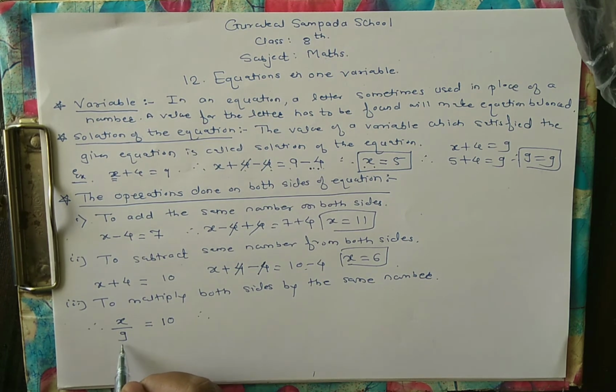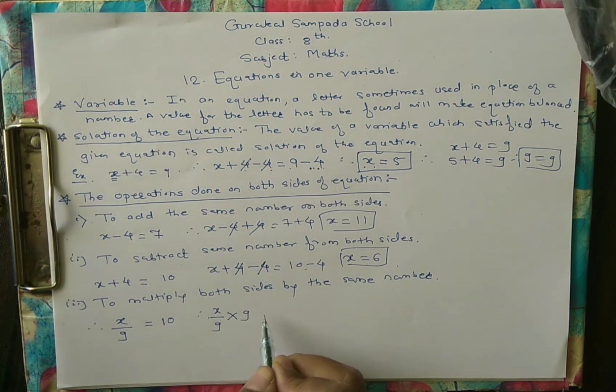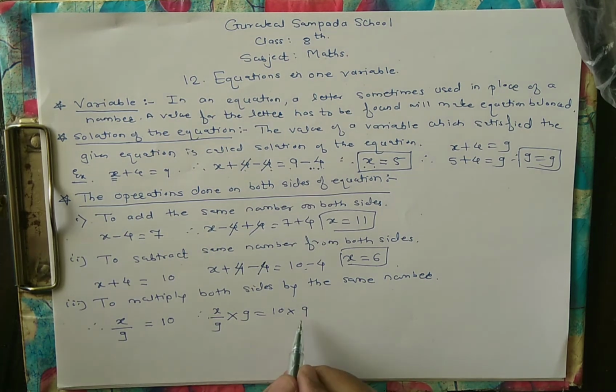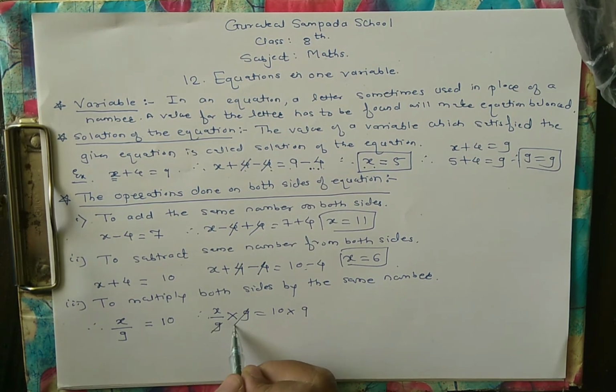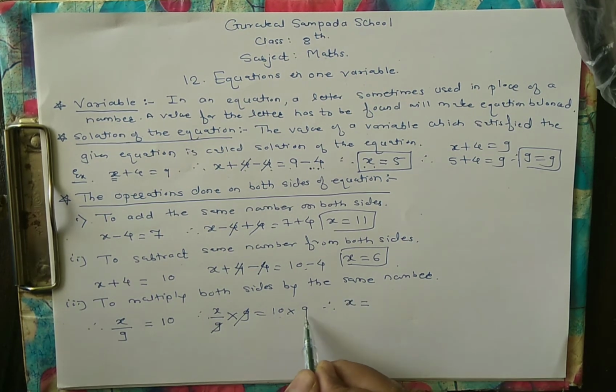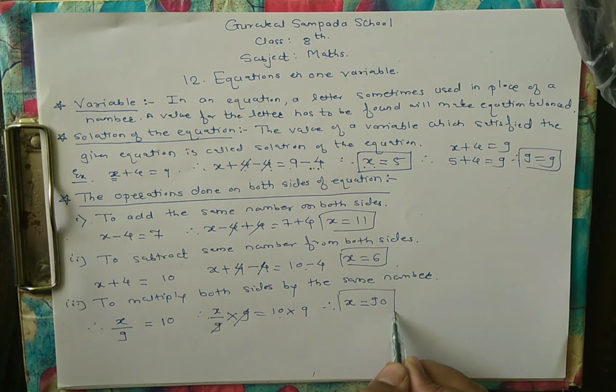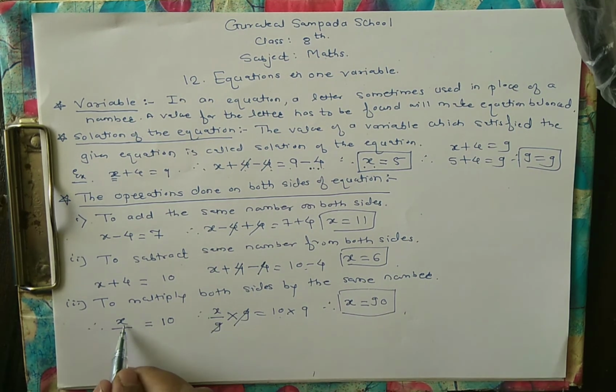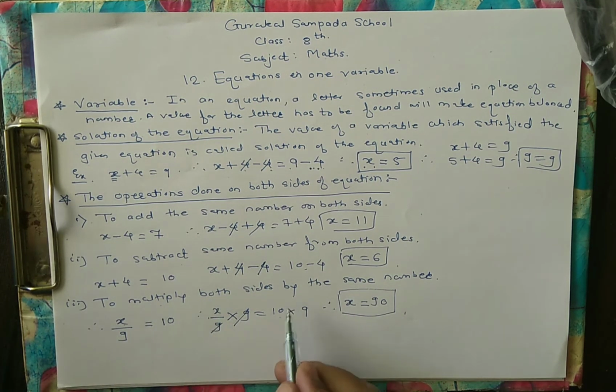Here x is divided by 9, so to cancel the 9 we multiply by 9, that is x upon 9 into 9. The same operation on the right hand side: 9 cancels, so on the left side only x is left, and 10 nines are 90. Here we multiplied by 9 on both sides to find the solution of the equation.